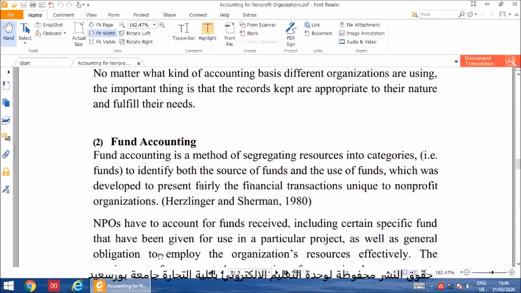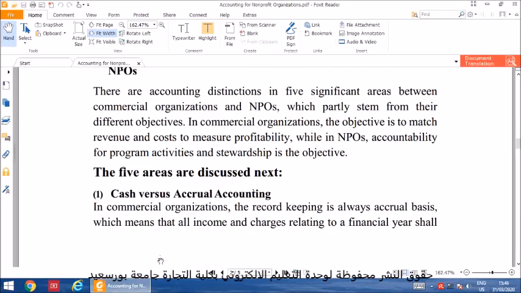So we did mention the five areas that differentiate commercial organizations and non-profit organizations in relation to accounting.